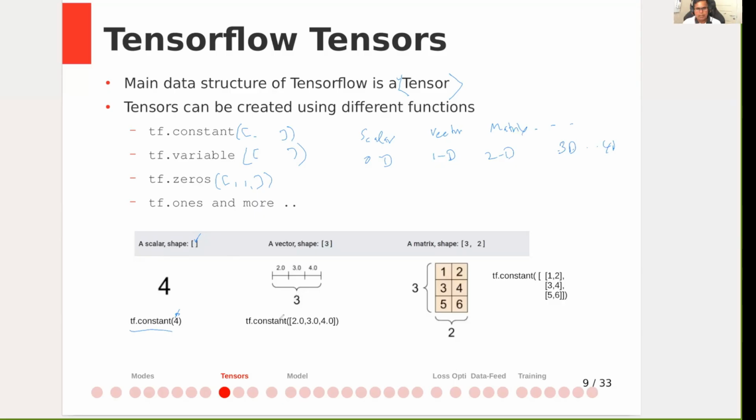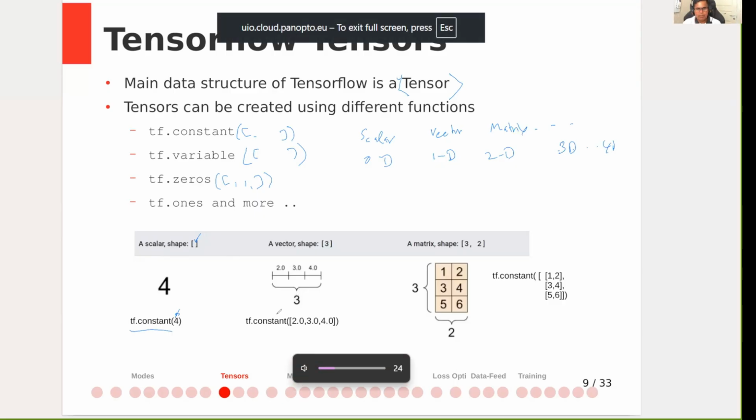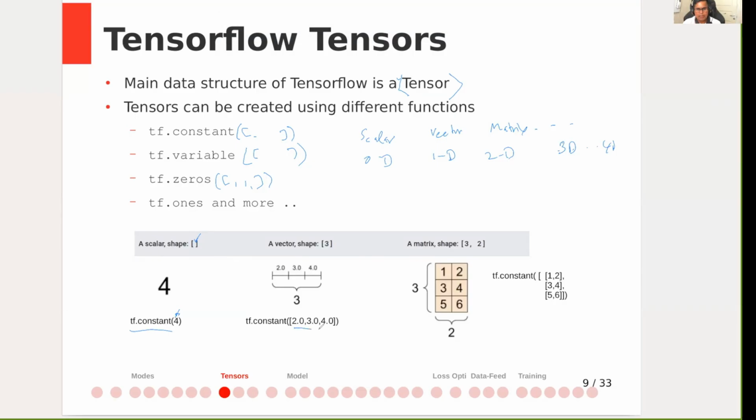This is another example where we have created a one-dimensional tensor. The argument to the function tf.constant is a vector which has elements 2, 3, and 4. Then if you look at the shape of this tensor, you can see it has a shape of 3.